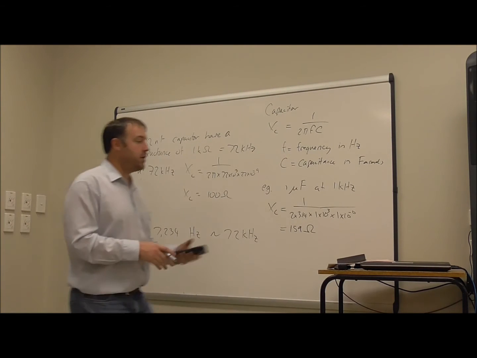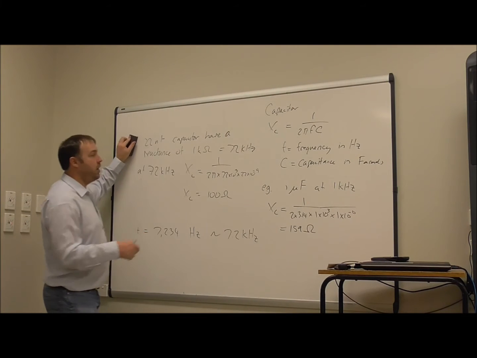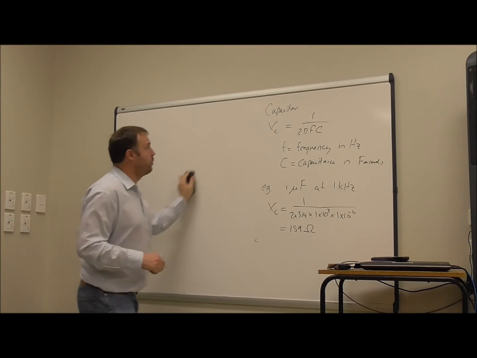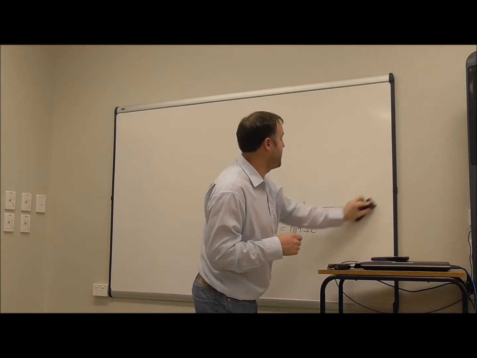All right. So now, how do we put that into practice? What we need to do is put one of our components in our voltage divider, we make a capacitor.